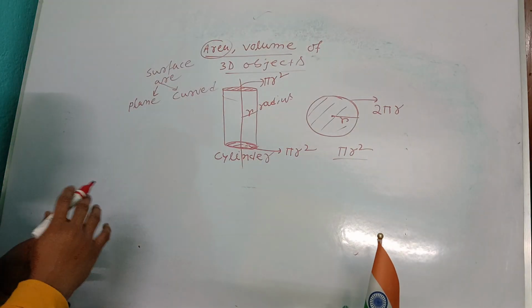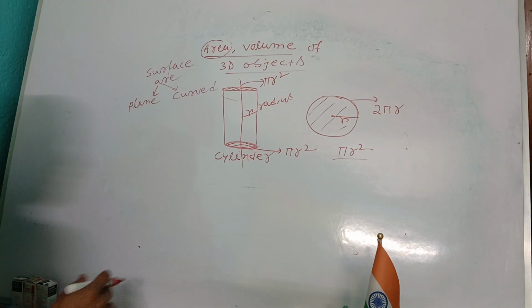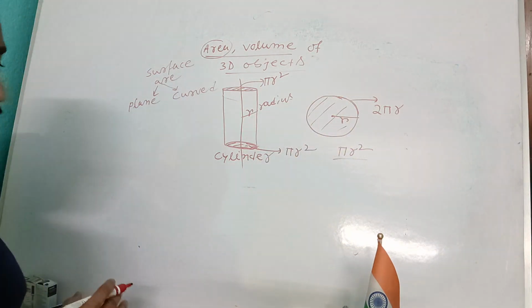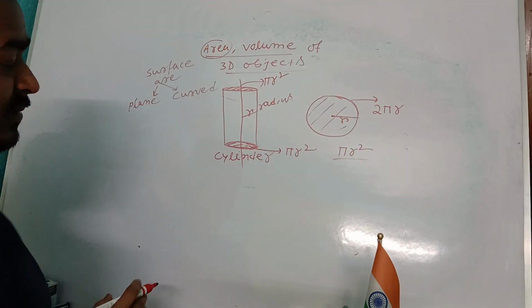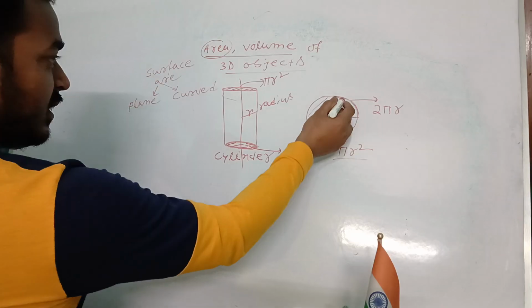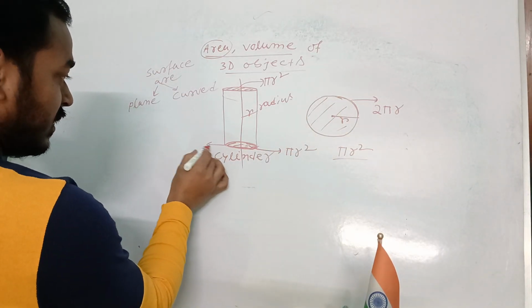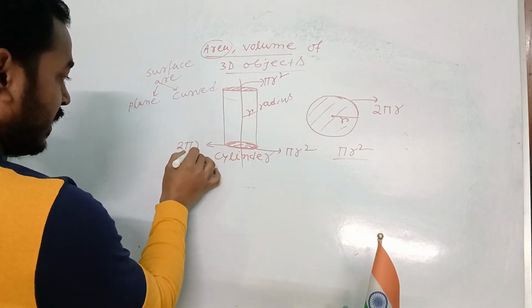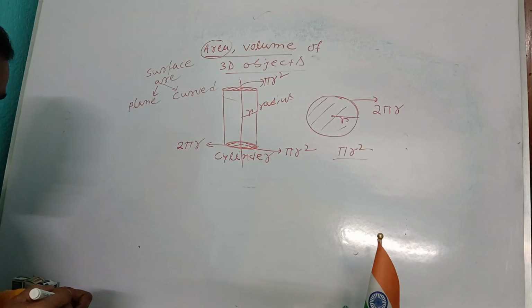So it is the circumference of the cylinder. 2 pi r means this part it is 2 pi r.